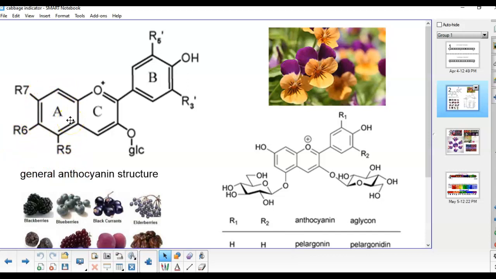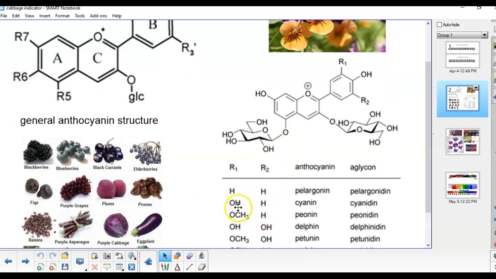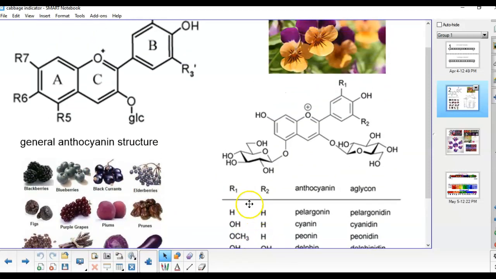Next year when we talk in Chem 1111, if you take that, we're going to refer to those as delocalized pi bonds and see that they're called aromatic ring structures. By changing these side groups, these side chains, by either adding hydrogens or hydroxides or other chemical substituents, we can make fine changes in the chemical.